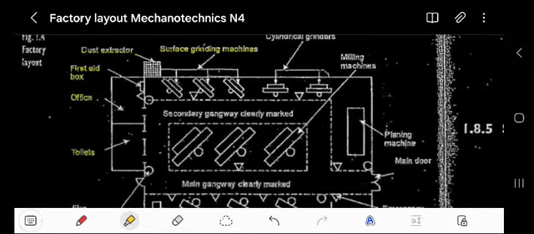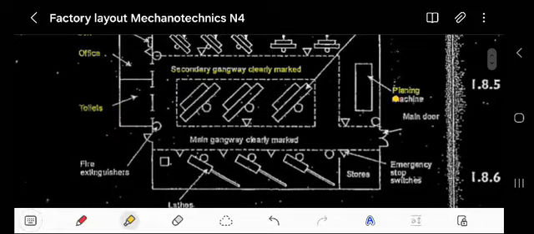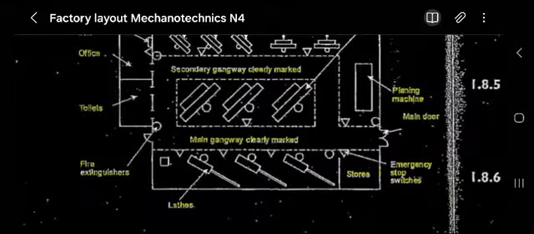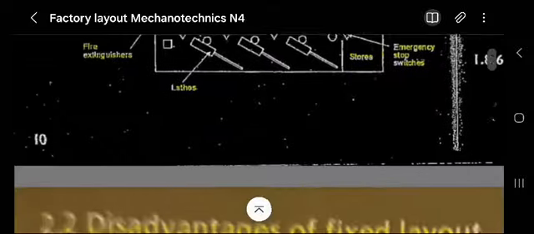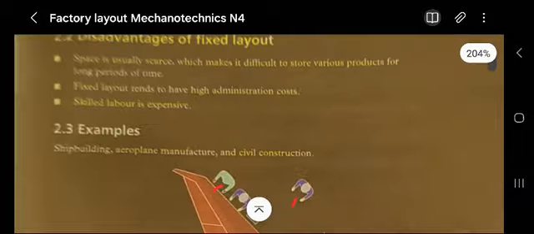Surface grinding machines, secondary gangways clearly marked, cylindrical grinder, milling machines, planing machine, main door for entering people, emergency stop switches in case of fire, stores, and fire extinguishers. The main gangway is clearly marked where people are traveling. This is what you're supposed to know for the workshop layout so far.